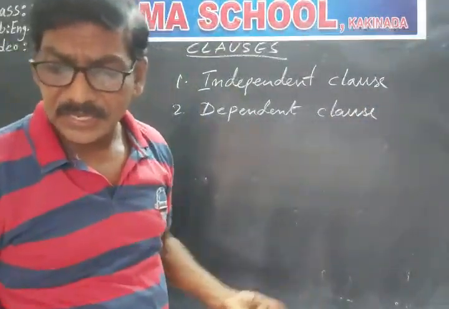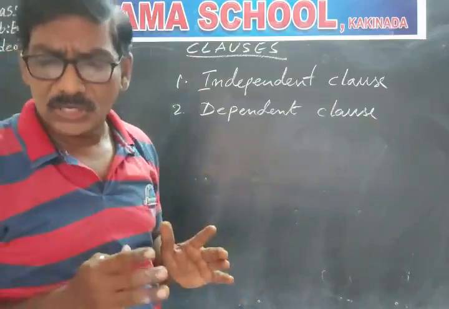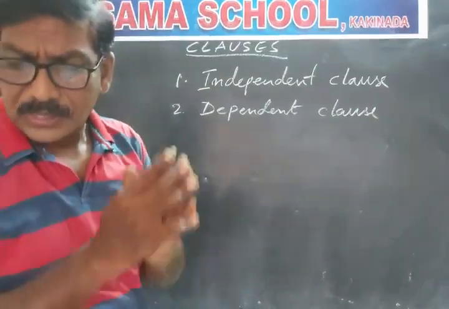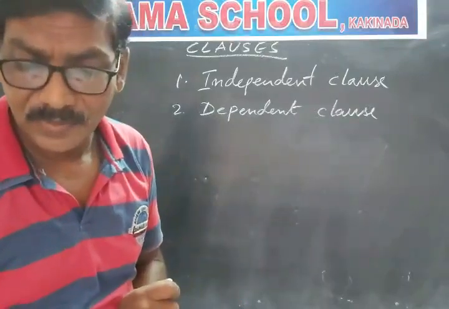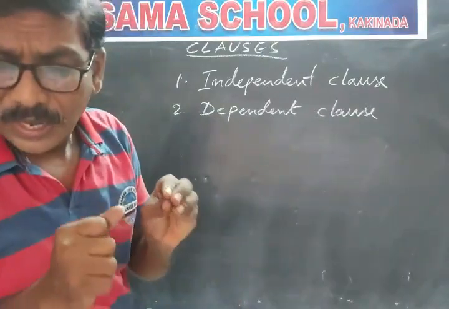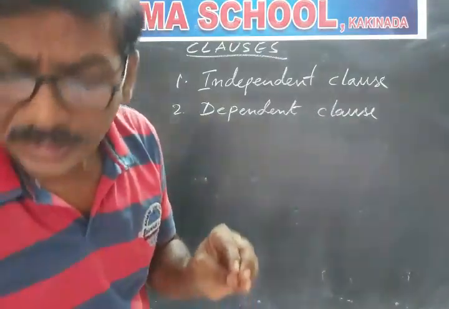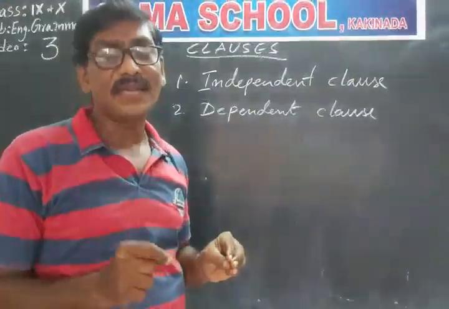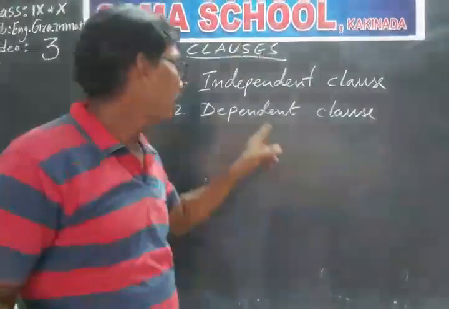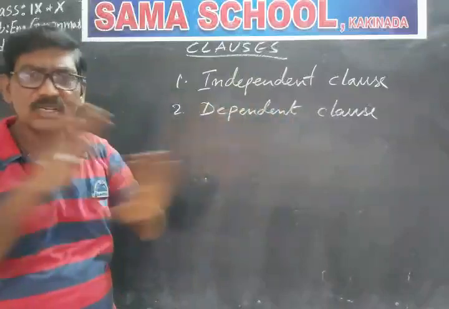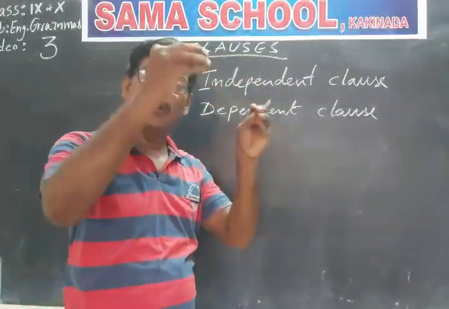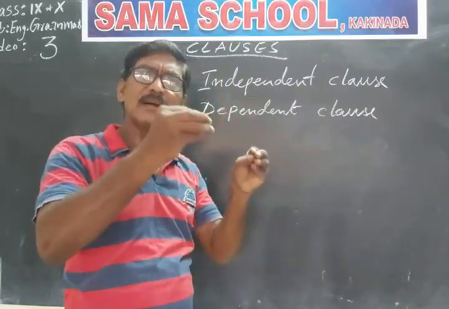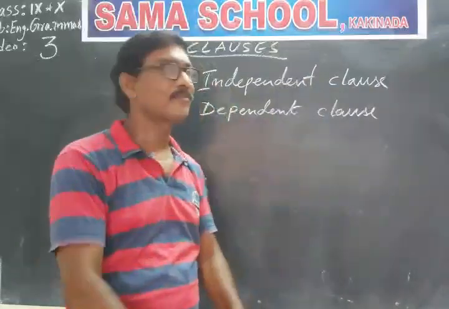So what is an independent clause? An independent clause is the main part of the sentence. It expresses a complete meaning. Independent means it is not depending on any other; it has its own meaning, a complete meaning by itself.